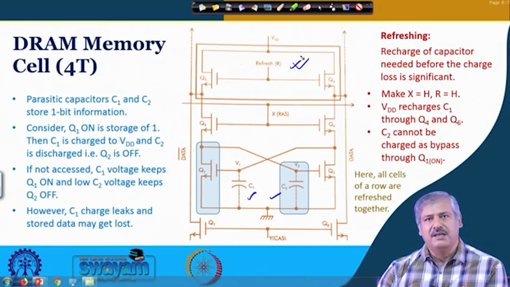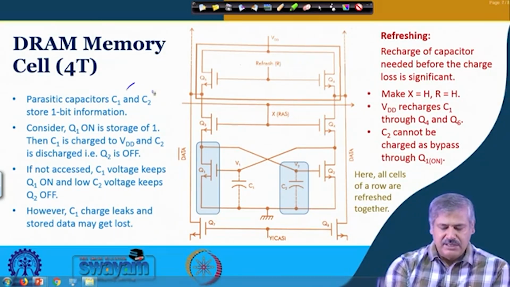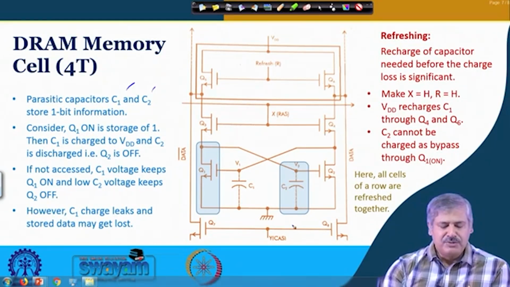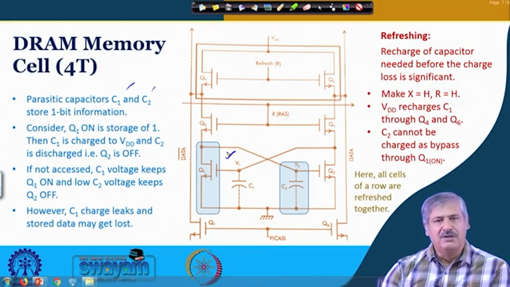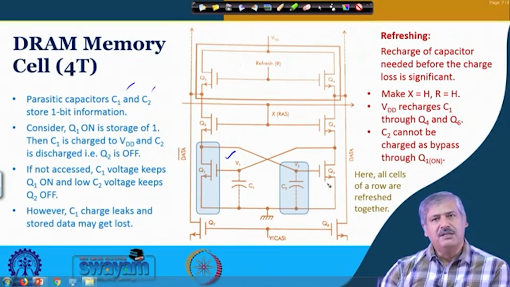Let us see how it works. First of all, these parasitic capacitances C1 and C2 are used for storing information. To start with, we consider that Q1 on, Q2 off is storage of 1, and Q1 off and Q2 on is storage of 0.